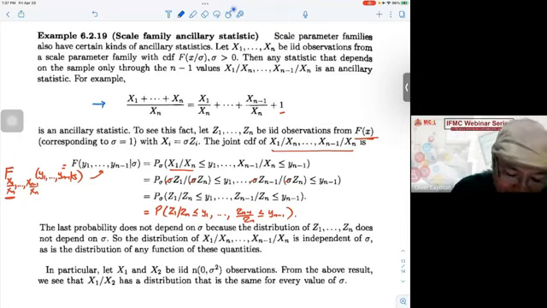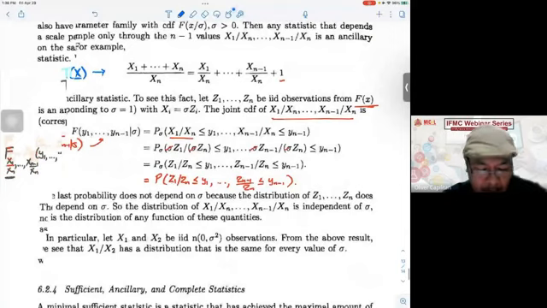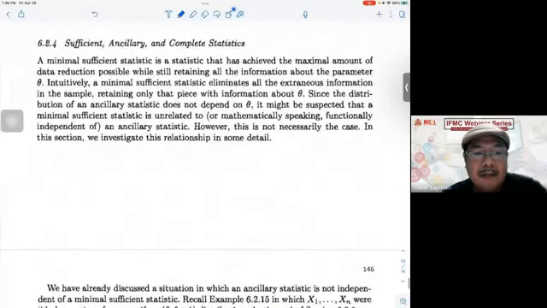Okay, so we can write this as T of X. And this, we have shown that the statistic T of bold X is an ancillary statistic, using again the transformation that we have in theorem 3.5.6.